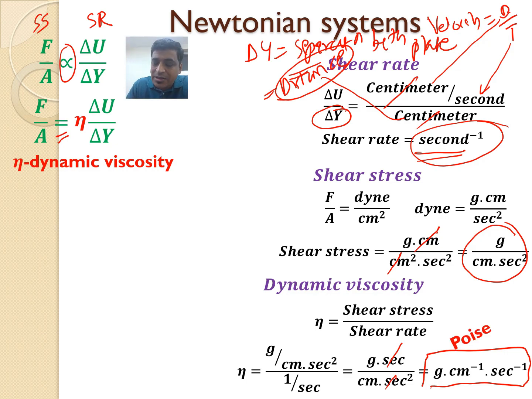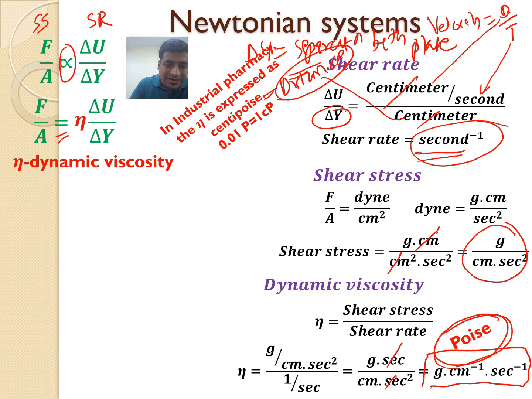We come up with an abbreviation called poise. We want to poise this one. I'm just joking. So let me rub it out, this guy here. In industrial pharmacy, the viscosity is expressed as centipoise. Viscosity is expressed as centipoise. And 1 centipoise is equal to 0.01 poise.